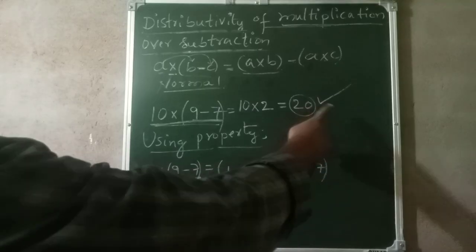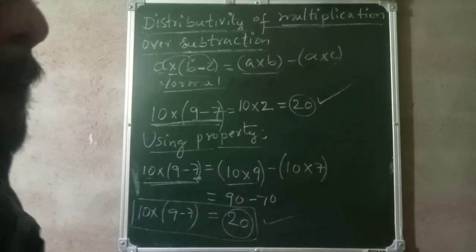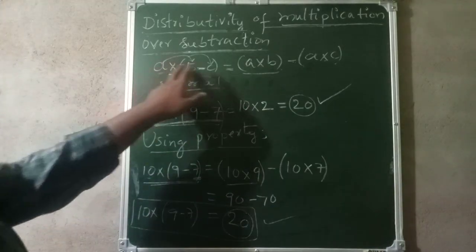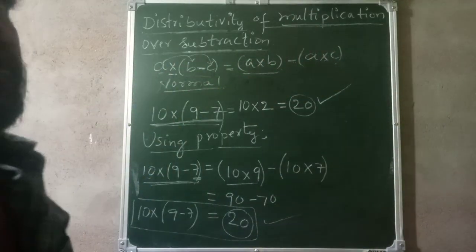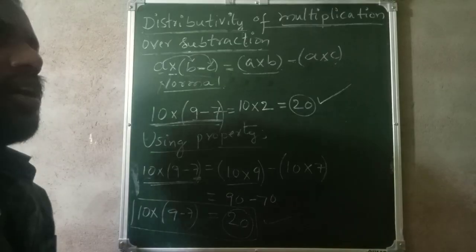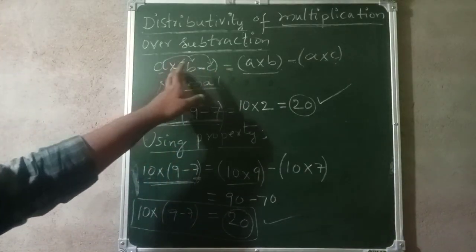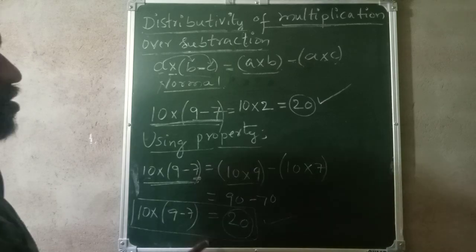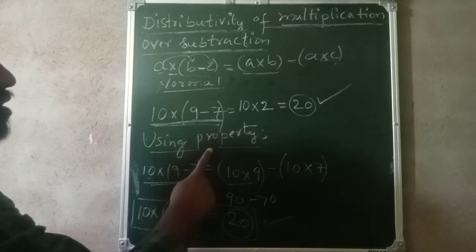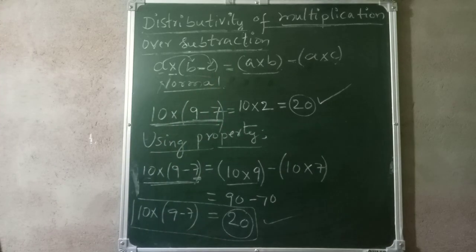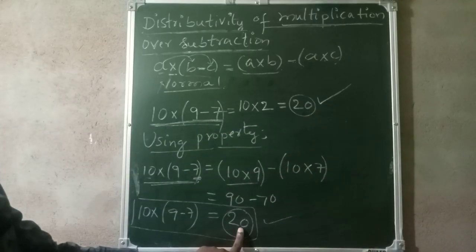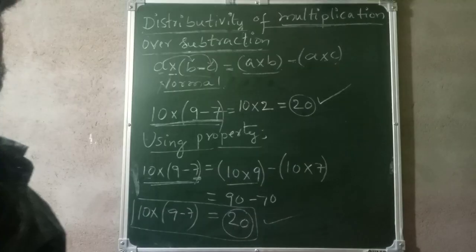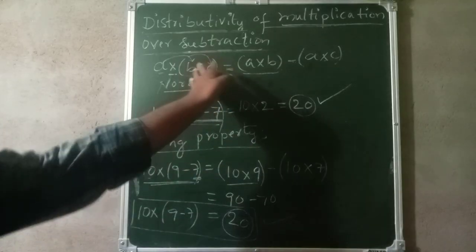So this answer is matching with this answer. So that means this property is correct. We checked or we verified this distributivity property because of this, using normal multiplication and using property. So because of this and this answer, both are same, so this property is correct. We proved it. We proved this property is correct.